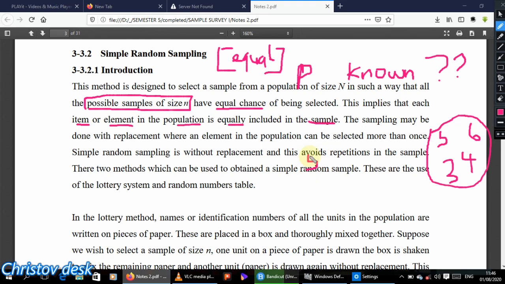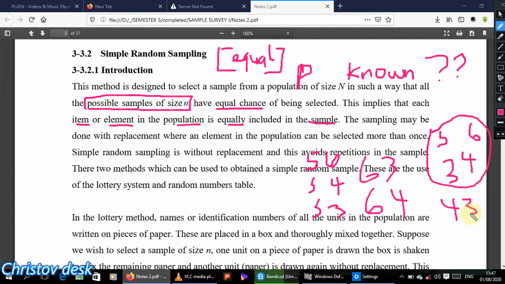You can get 5 and 6, 5 and 4, 5 and 3, 6 and 3, 6 and 4, and finally 4 and 3.